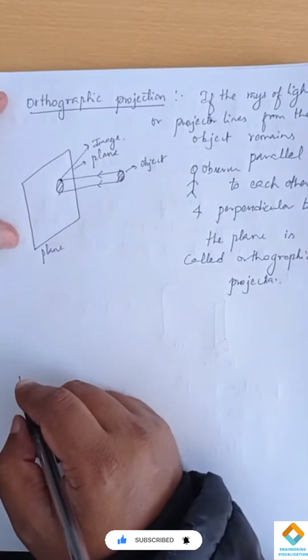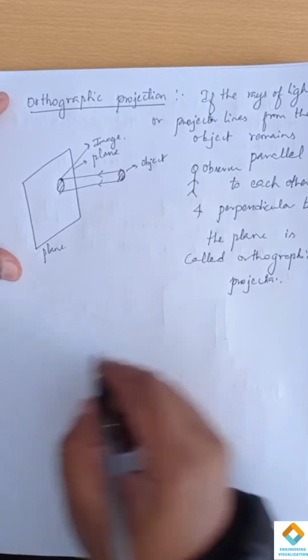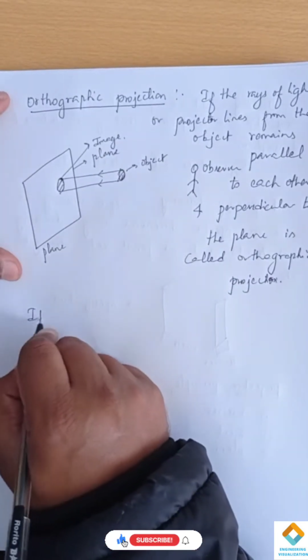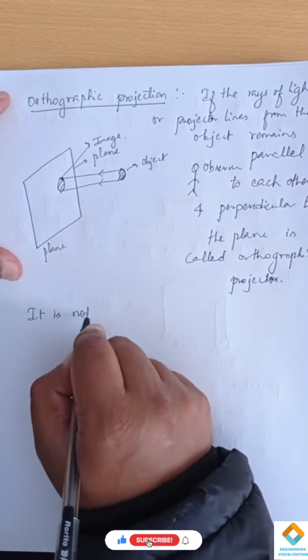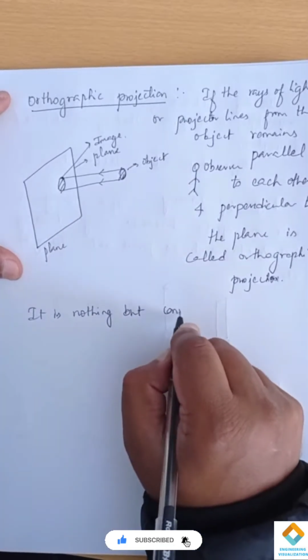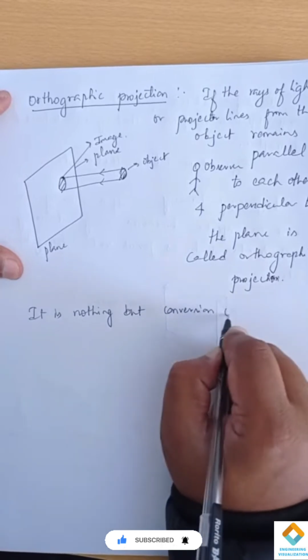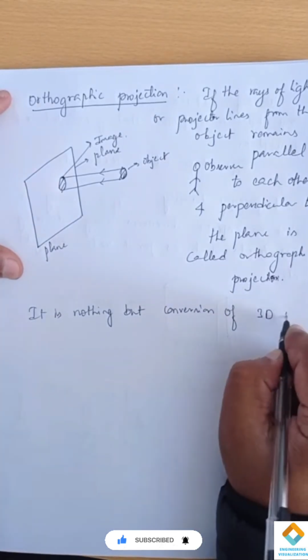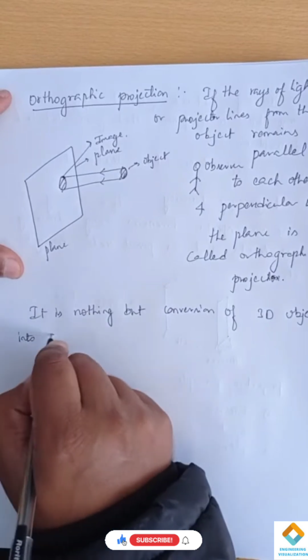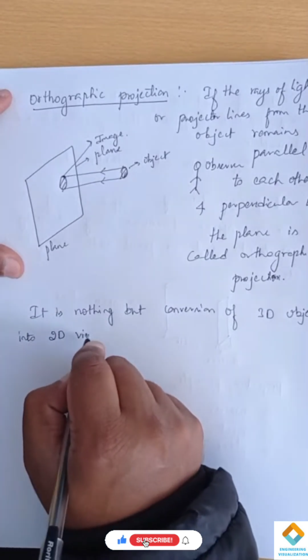Or in another way we can define what orthographic projection means. It is nothing but the conversion of a 3D object into 2D views.